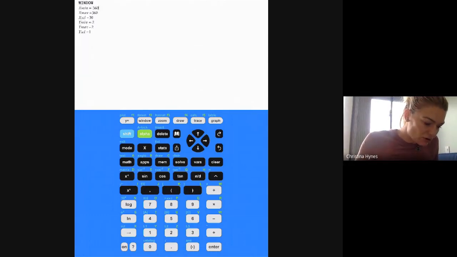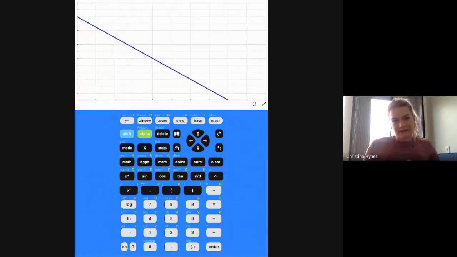So for my window, I'm going to make sure my x's go from 0 to, let's say, 10 for now. And then for my y's, I'm going to go from 0 to slightly higher than 12. Let's go up to 14. So the goal is that once you graph it, you should be able to see your x-intercept and your y-intercept.